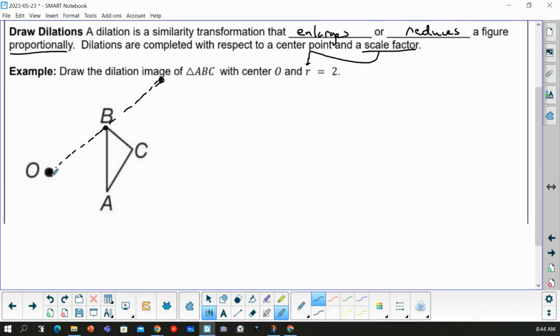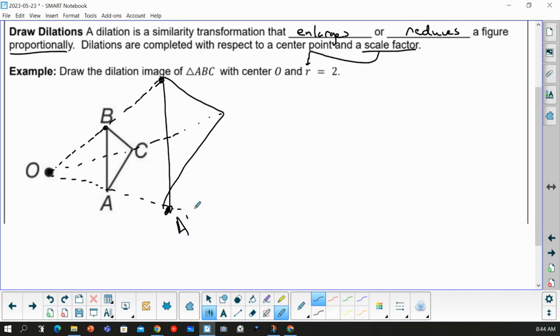Now I'm going to do this distance to this A and again, and then the distance to the C and again. Now, if you do this right and you actually use a ruler, it should look like exactly the same shape, but bigger. If it's a scale factor of 2, it should look exactly twice as big, right? This is my new A, this is my new C, and this is my new point B. And so we put a little apostrophe next to it and we call it prime.